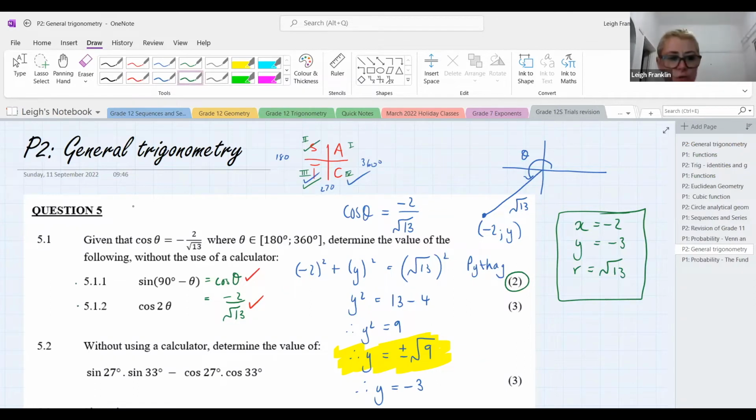What are we going to do with 5.1.2, Matrix? So cos 2 theta, I'm going to write it over here because I'm running out of space. What am I going to do with cos 2 theta?